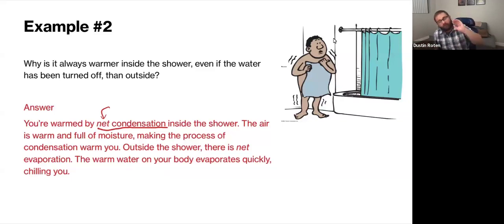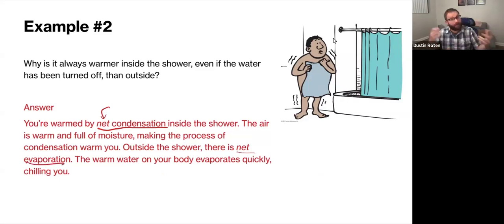In the shower, you're warmed by net condensation. The air is warm. It is full of water, full of moisture, full of water vapor. Therefore, it makes the process of condensation actually warm. Now, outside the shower, once you're wet, there is net evaporation. So we're moving straight from condensation to evaporation.